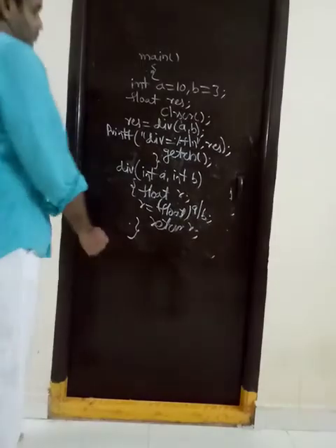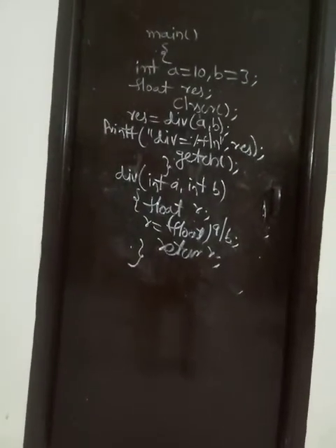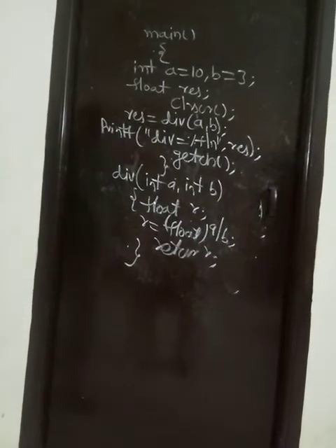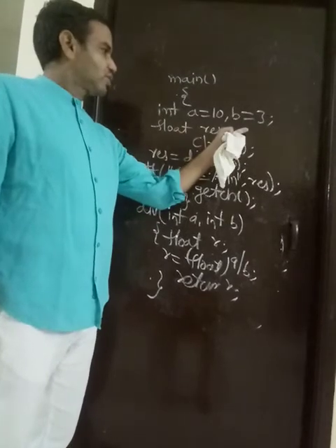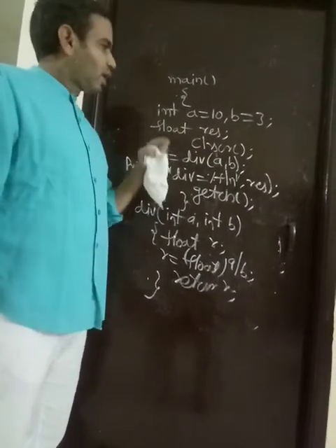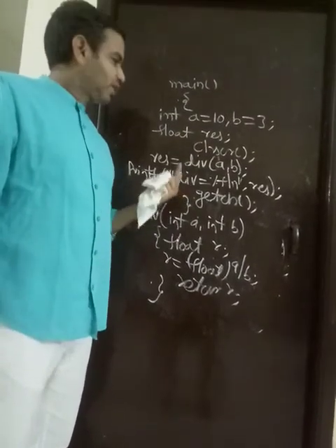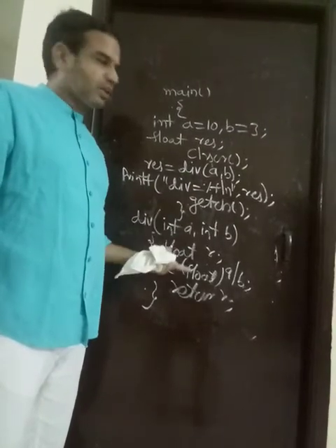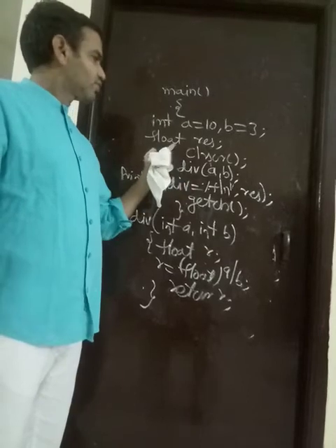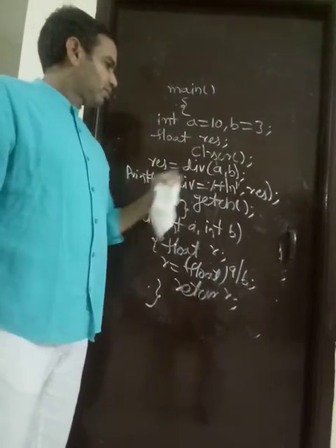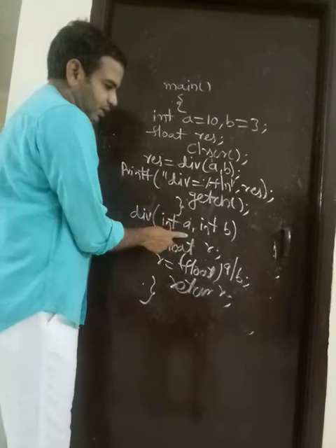See here. So here I am taking A is equal to 10, B is equal to 3. So I am finding division of two numbers with the help of function with argument with return.